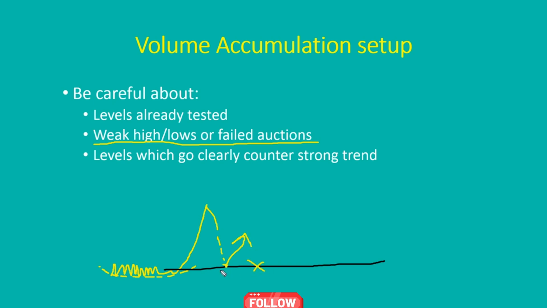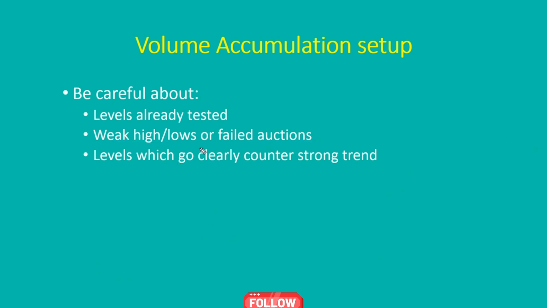It's very risky because a weak low is a magnet and the price tends to shoot past it, past the weak low, to create a strong low. Something like this. Alright, so it's very risky to go against a weak low or weak high, which is the same, only reversed. And the same goes for failed auctions.